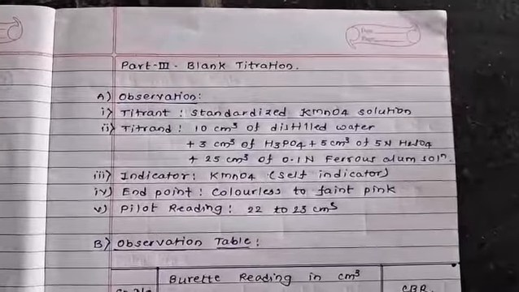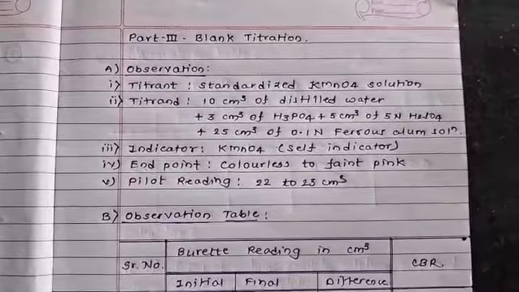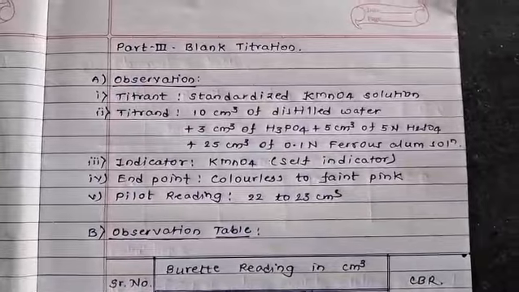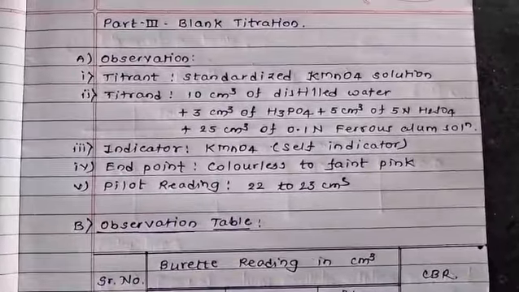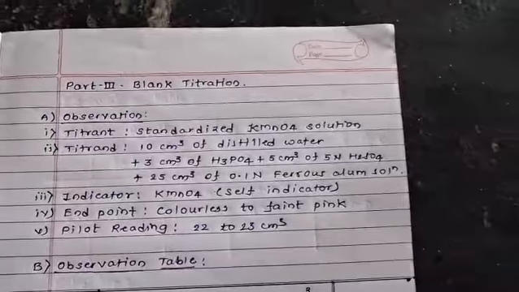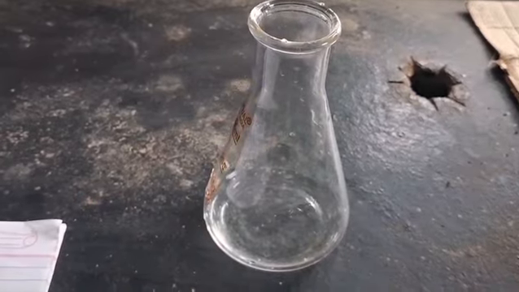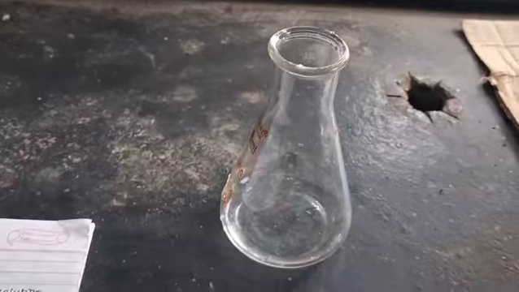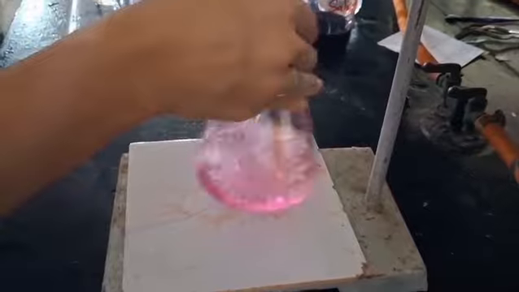To the 10 cm³ of distilled water, we are adding the same reagents that we added in part 2, that is 3 cm³ of phosphoric acid, 5 cm³ of 5 normal H2SO4 and 25 cm³ of 0.1 normal ferrous alum solution. The content of the flask prepared is titrated against standardized KMnO4 solution till the end point is colorless to faint pink.